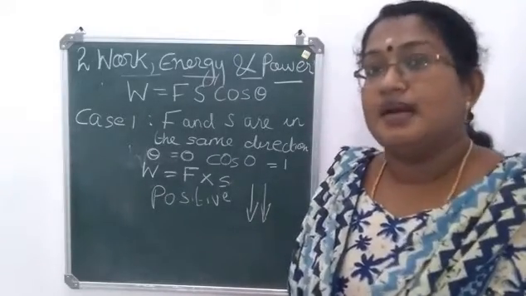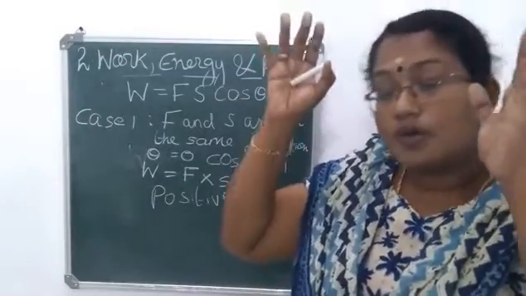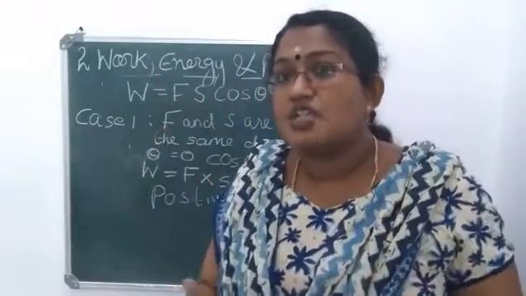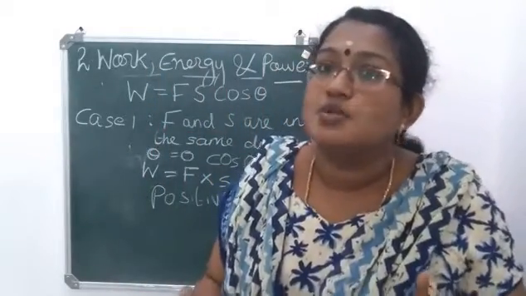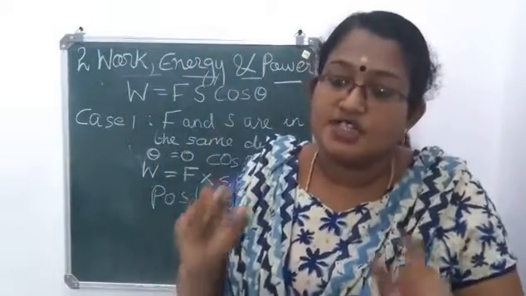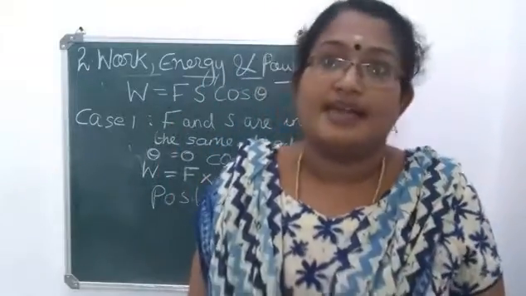Now another one, a coolie lifting a load above his head. When this person is lifting a load, in which direction is he exerting force? He is exerting force in the upward direction. In which direction is the load moving? The load is also moving in the upward direction, isn't it?